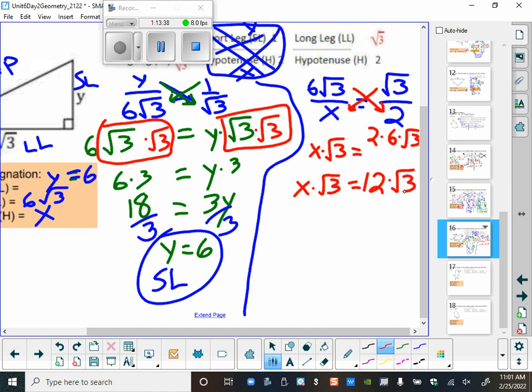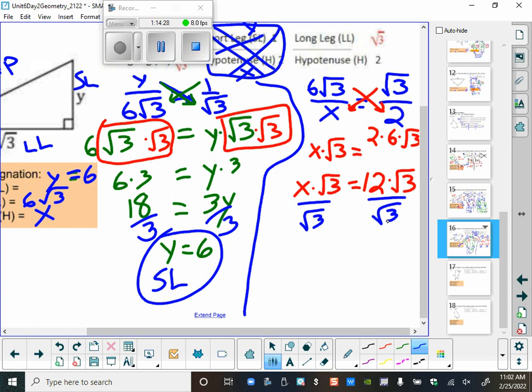Whenever you divide, even with a square root, since both sides are being multiplied by square root of 3, you can divide both sides by square root of 3. Similar to a whole number, the only reason you can get away with it here is because both sides have that multiplied by square root of 3.